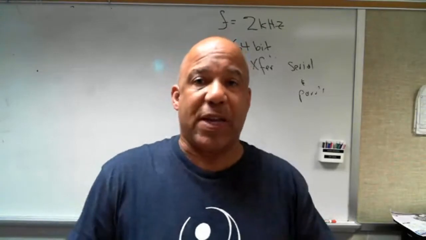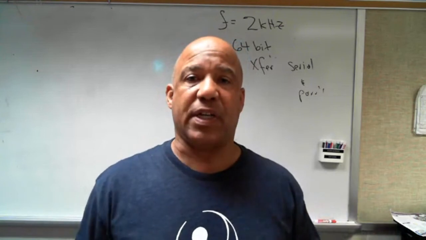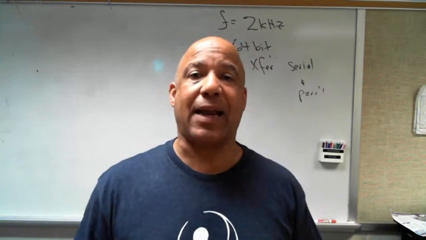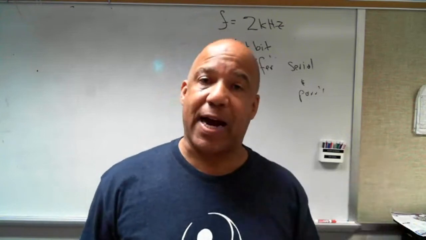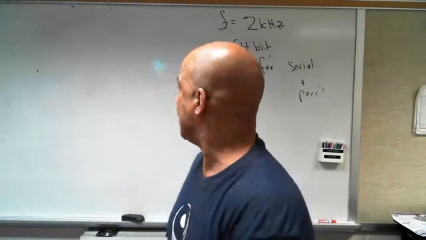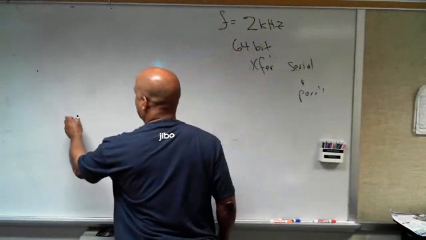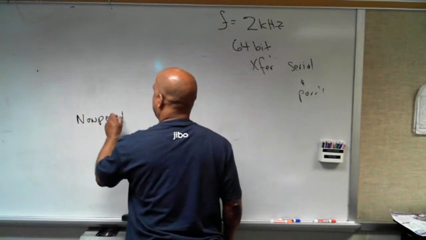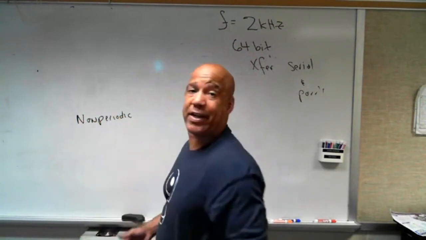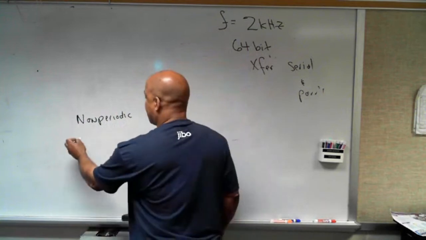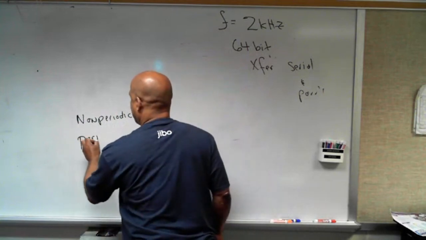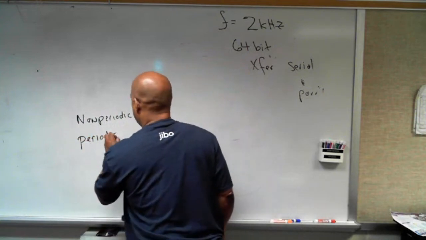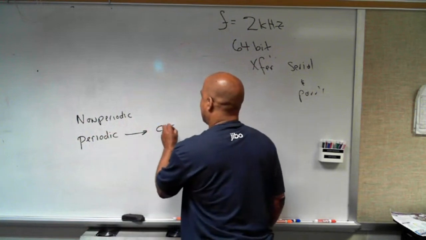So if I want to move bits around, I do that using the digital pulse. There are two kinds of pulses: a non-periodic pulse and a periodic pulse. The non-periodic pulse actually carries the data. The periodic pulse is what we mean by the clock.